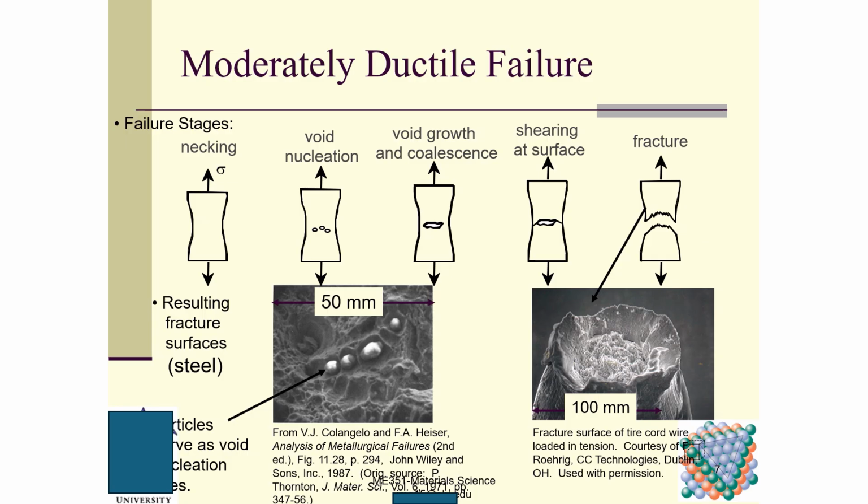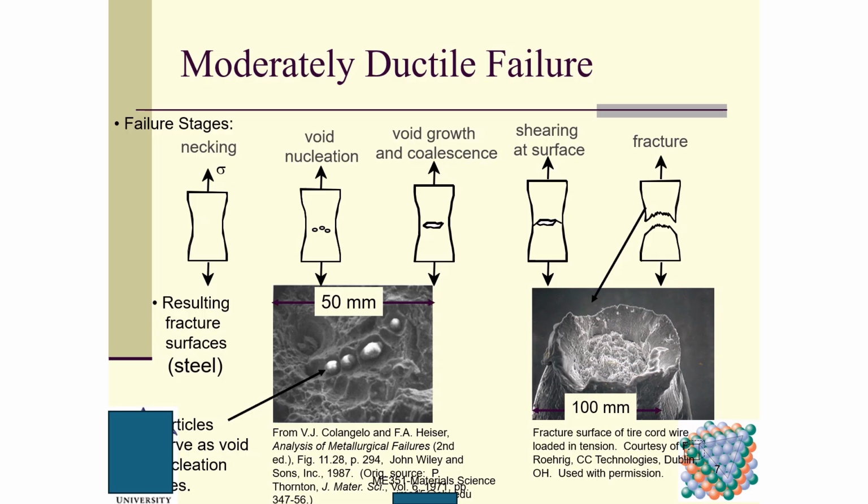This is a slip surface, and usually this is 45 degrees, and at this surface it breaks. This is a fracture, and usually after this fracture occurs, we have a cone and a cup. So this is a cup and a cone. This phenomenon indicates moderately ductile failure.